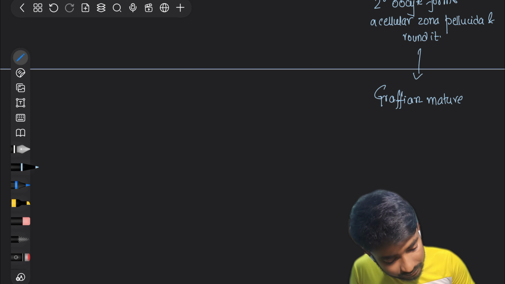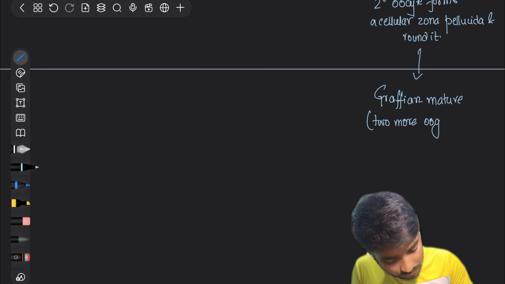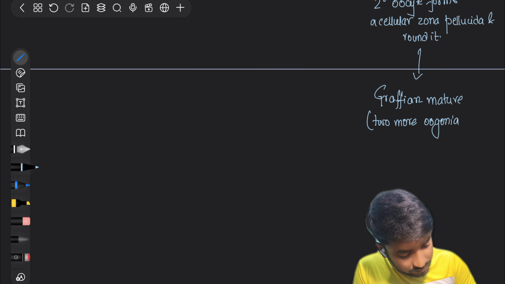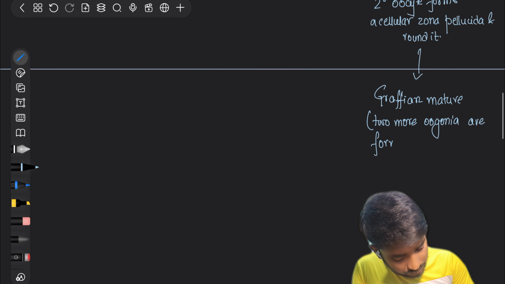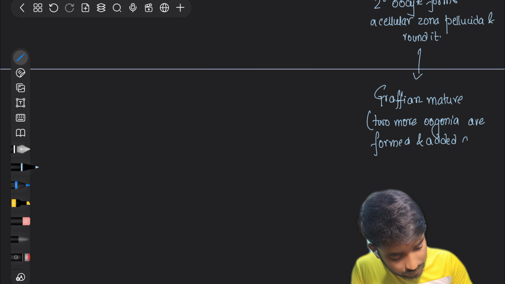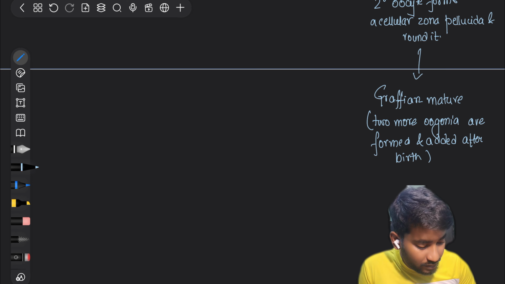Two more oogonia are formed and added after birth. It is called ovulation.